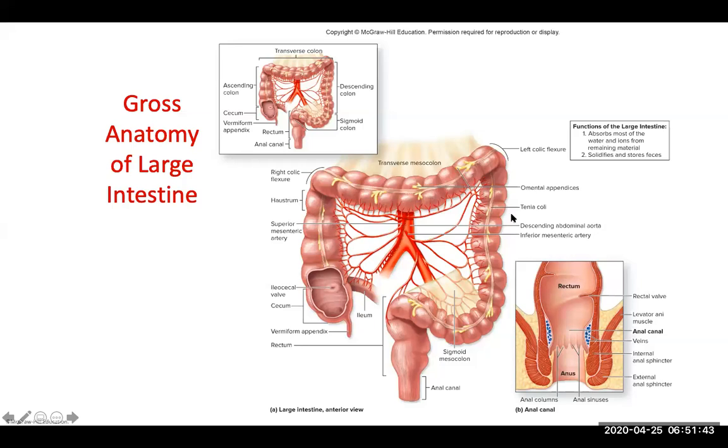The taenia coli is this long line you see running through the middle of all of the haustra. That taenia coli is just a muscle that helps to move food along within the haustra. Not food, it's completely digested at this point, so we call it feces.